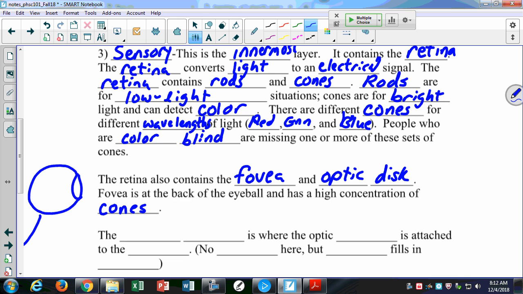This is the optic nerve. The fovea is sort of right here. That's the fovea. It's where most of the light rays focus at the back of the retina. And so it just has a higher concentration of light detectors there, those cones. And then the optic disc is where the nerve is attached to the eye.